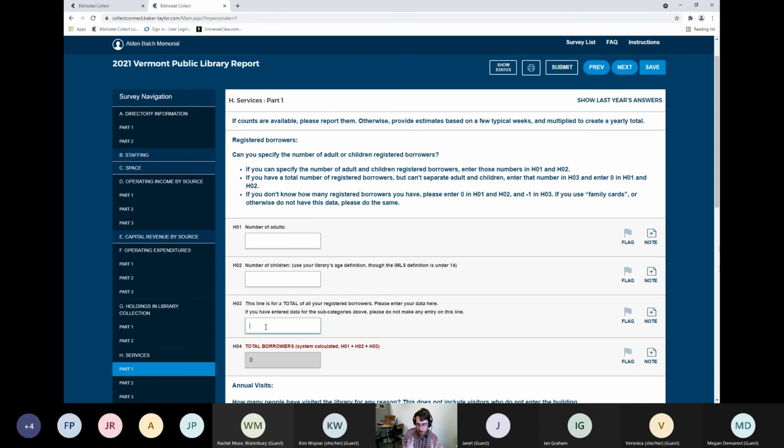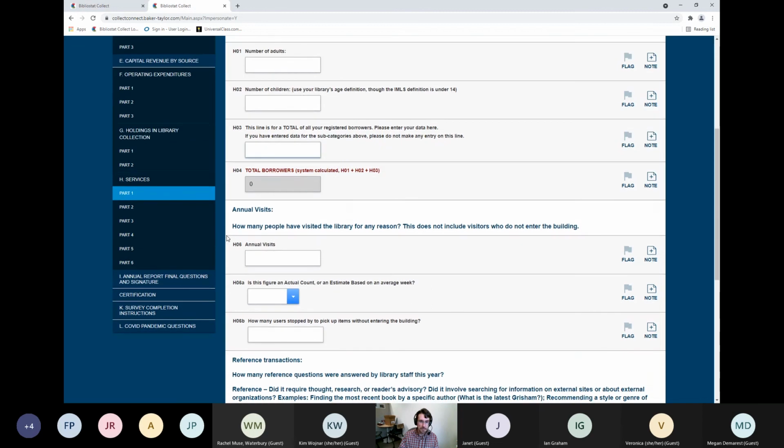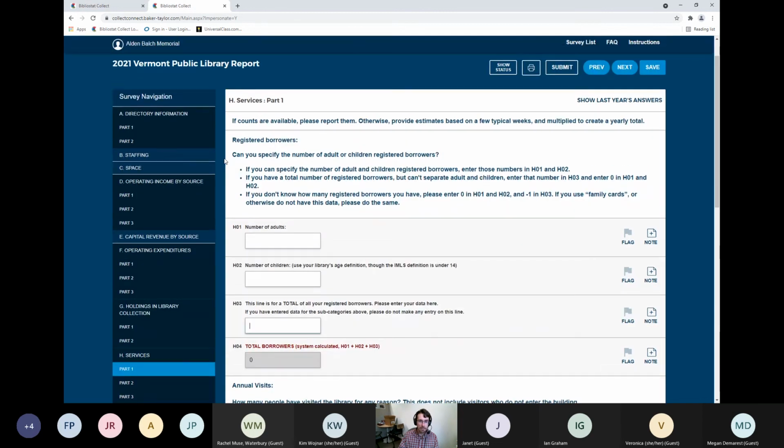So it's better if you just say, we don't have that number. This is the best number that you have. IMLS, ideally, you are removing expired patrons on a semi-regular basis, and that's something we can talk about, but ultimately we want the best number you have, and that's true for basically everything. Okay, so that was registered patrons.